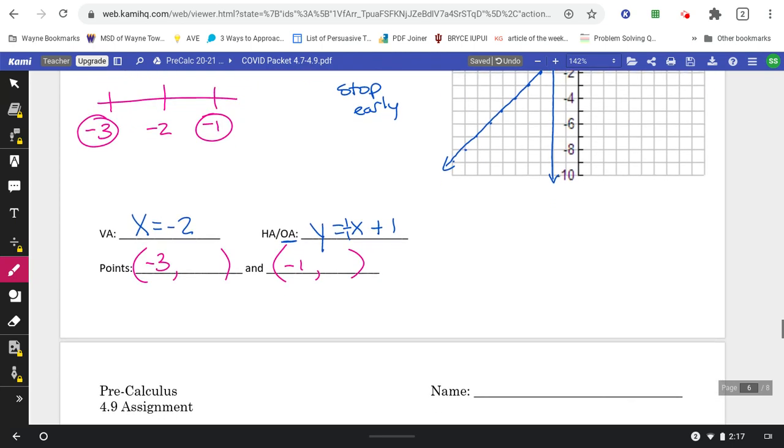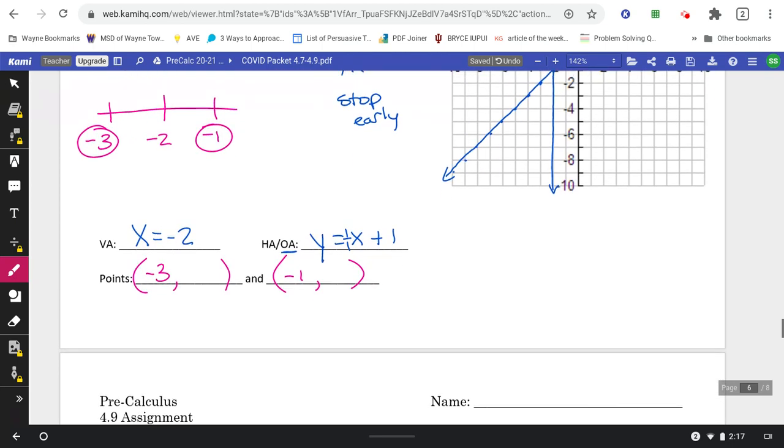I'm going to start with a -3. So -3 squared plus 3 times my x, -3, plus 4, over my x, -3, plus 2. That is me plugging in a -3 for every x that I see.